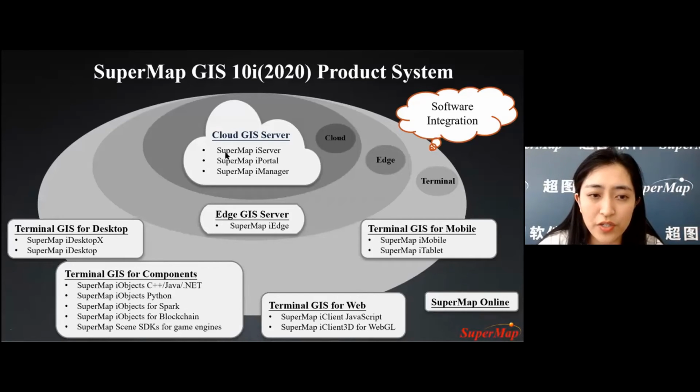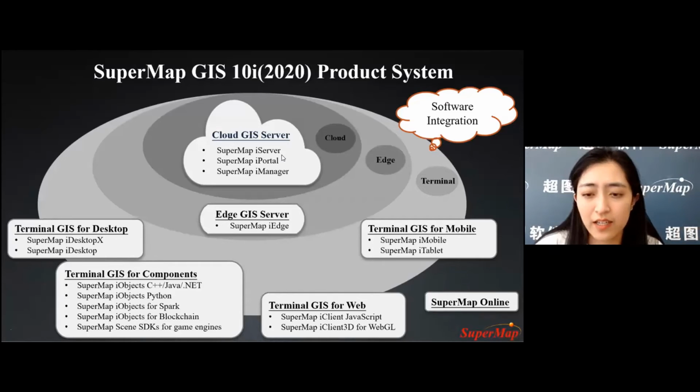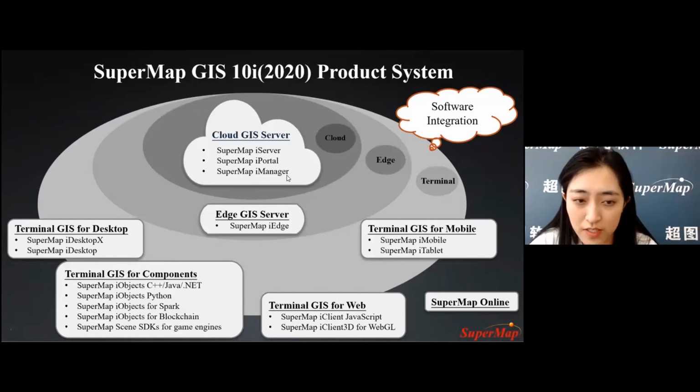Like for the Supermap server, mainly it can publish and manage the 3D services. And for the Supermap portal, it provides the integration, visualization, and sharing of 3D results. And for the Supermap Edge, it provides the 3D related edge computing and service agents.